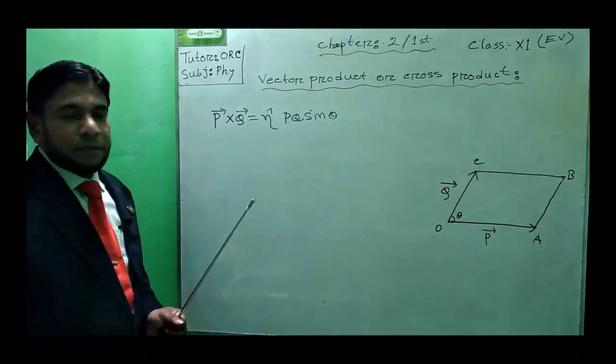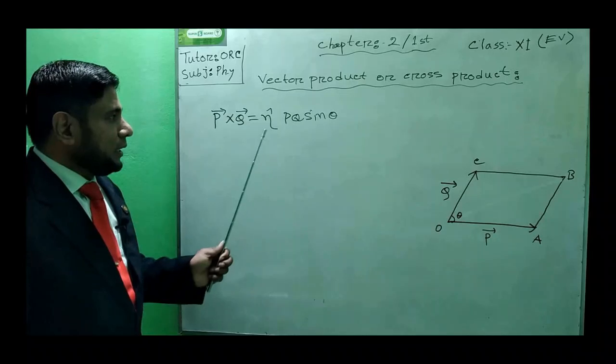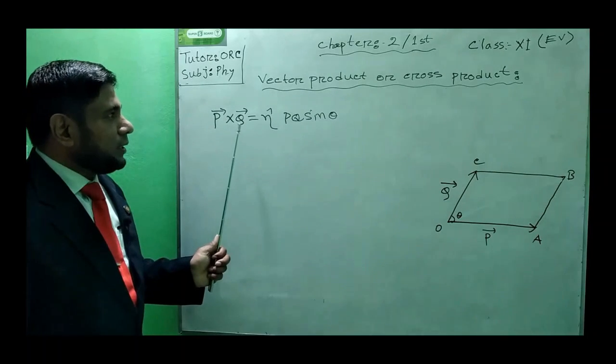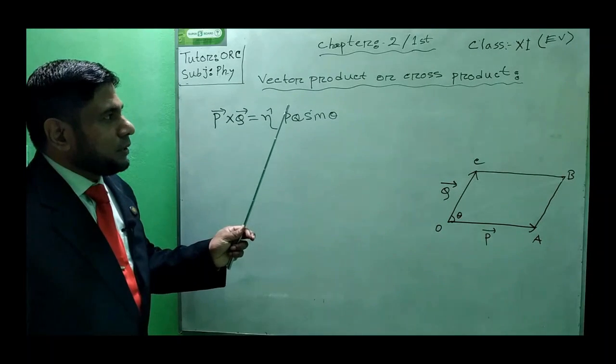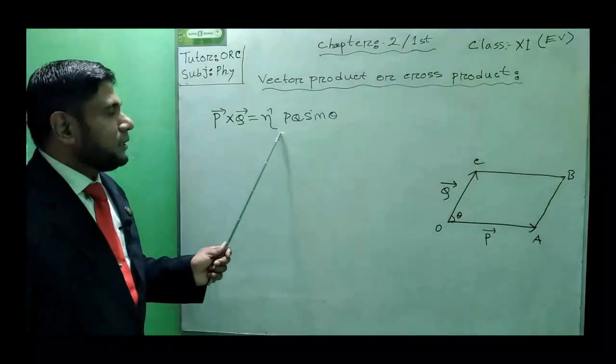Now if we find the magnitude here, we know that the vector product of two vector quantities indicates a vector quantity.